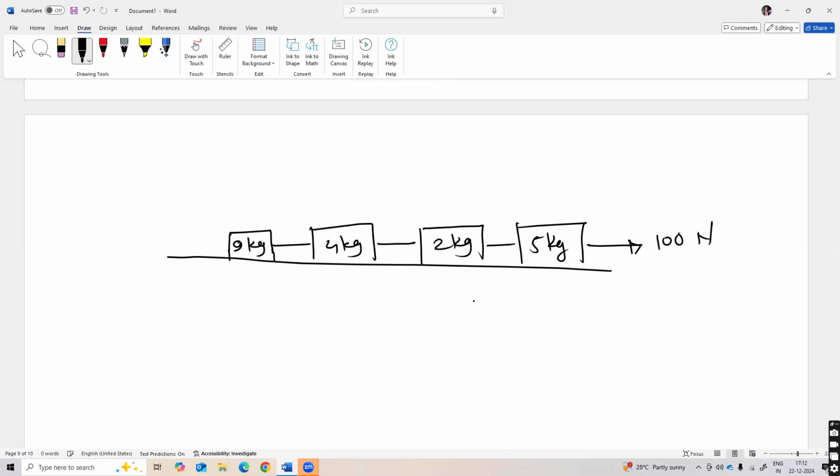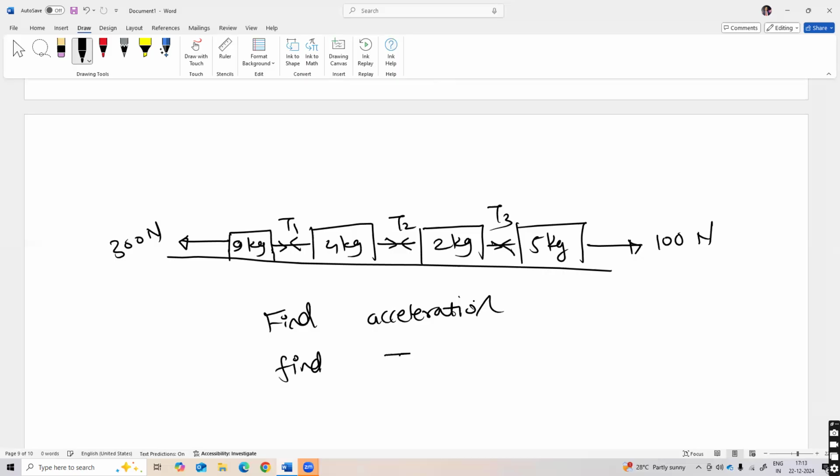There is a force acting towards the left, which is 300 Newton. So first find out the acceleration of the system, or the acceleration of each mass. Then find out the tension in these strings. This is T1, this is T2, and this is T3. So find out T1, T2, and T3.